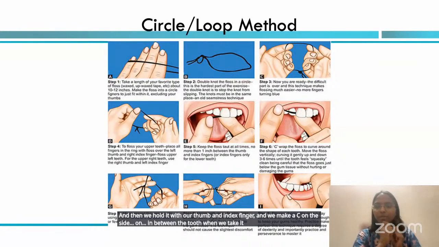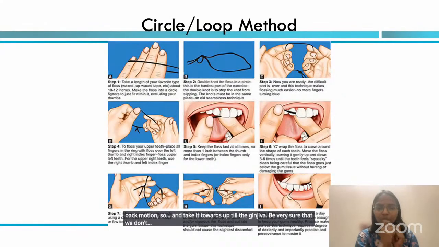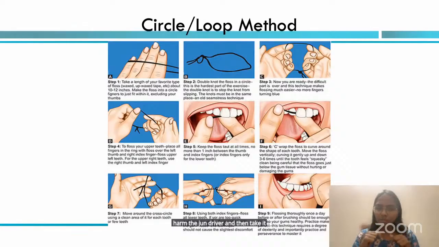If it's the upper tooth, we take it towards the gingiva, make a C loop of it, and then have a front and back motion, and take it up till the gingiva. Be very sure that we don't harm the gingiva, and then take it out. Similarly, we do it for the lower teeth. So this is one method.